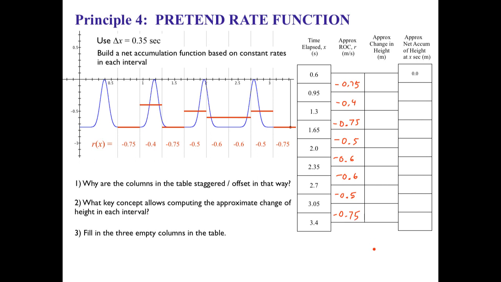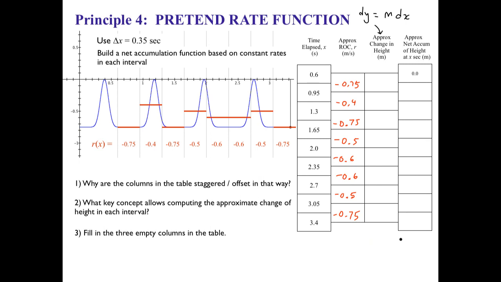How do we get approximate changes in height now? Here's the key, this is the whole reason we did this. This is equal to what? dy, right? These are little dy's for each interval, and we can calculate them by m dx. What's m? Whatever it is in the interval.